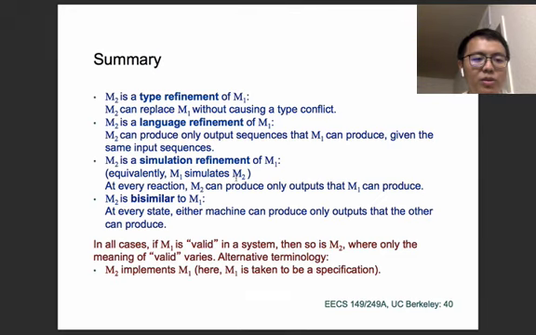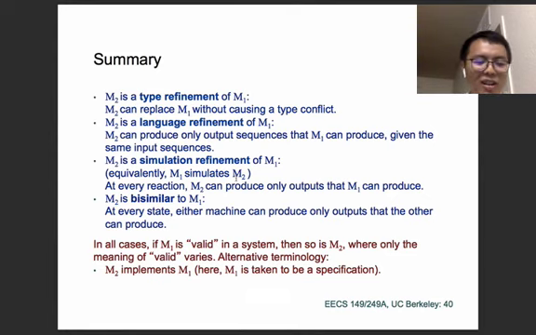So it's hard to determine whether two machines are equivalent, because it's hard to tell if they are type equivalent or language equivalent, since they have thousands of inputs, thousands of details, and thousands of data types. But bisimulation is a very easy algorithmic check, and you can do it by exhaustive search.